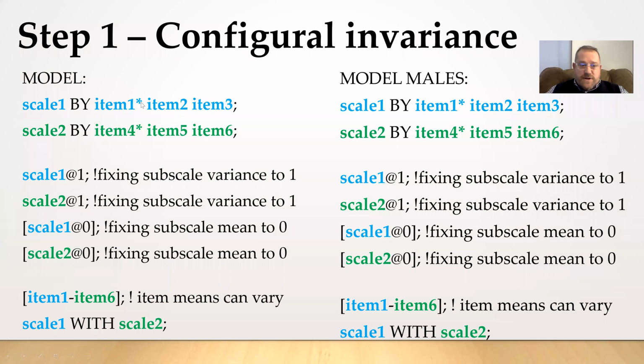Notice I have an asterisk after item 1 and item 4, the first item in the list. That is disrupting Mplus' default to set that first path to 1. And instead, these 4 lines right here fix the scale. So these 2 lines fix the variance of those scales to 1. And these 2 lines fix the intercepts or the means of those 2 subscales to 0.